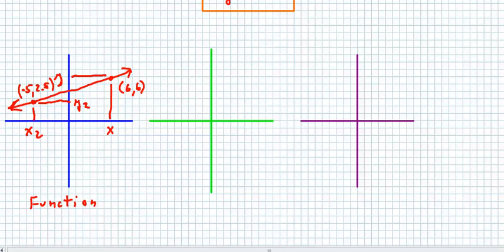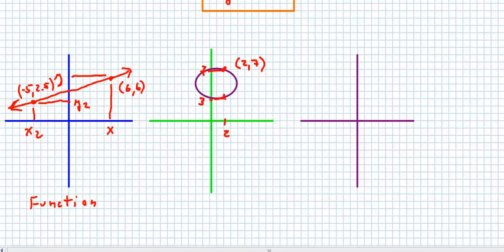Now, I'm going to look at another function, or another relation, and I see that if x is 2, y could be 3, or y could be 7. This is the ordered pair 2, 7.